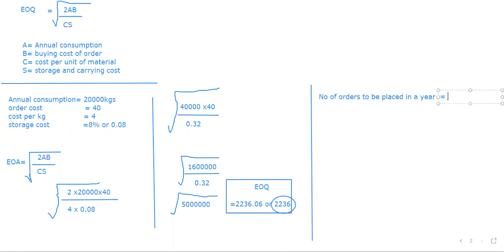So the number of orders is equal to annual consumption divided by EOQ.